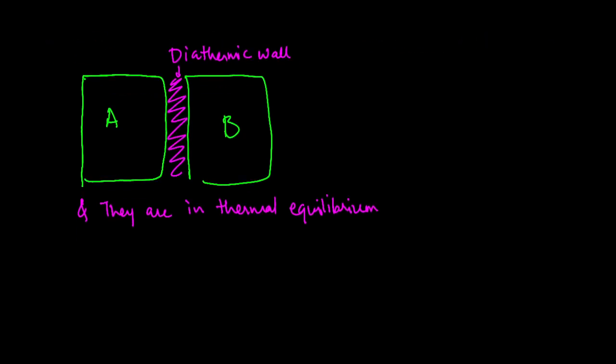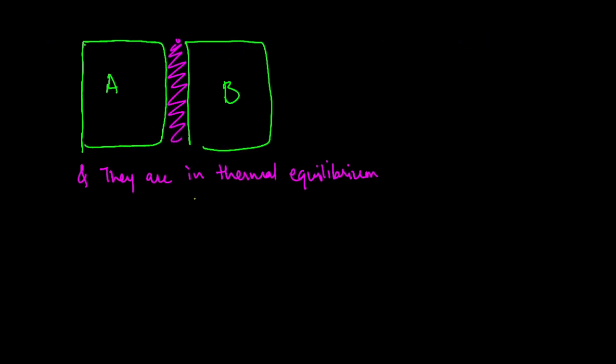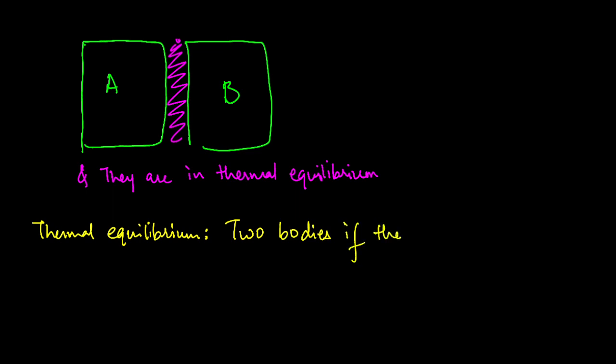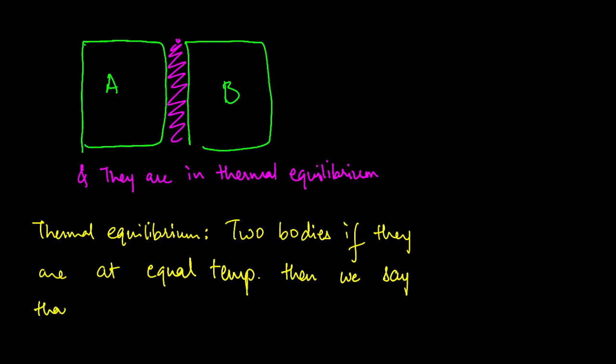Okay, so thermal equilibrium means the following. I am writing it in yellow. Meaning of thermal equilibrium. Now leave the rest, first write this. Thermal equilibrium means two bodies, if they are at same or equal temperature, if two bodies are at equal temperature, okay, then we say that the bodies are in thermal equilibrium.